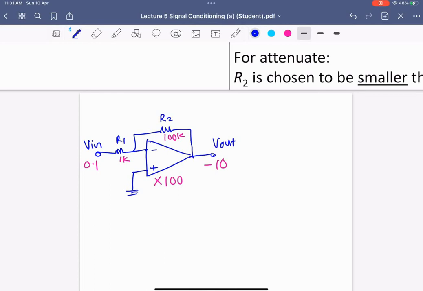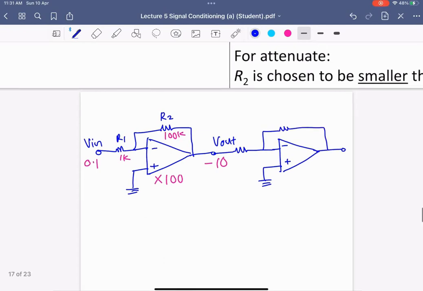So what you need to do is use another inverting amplifier, right? So this will be your final V out.